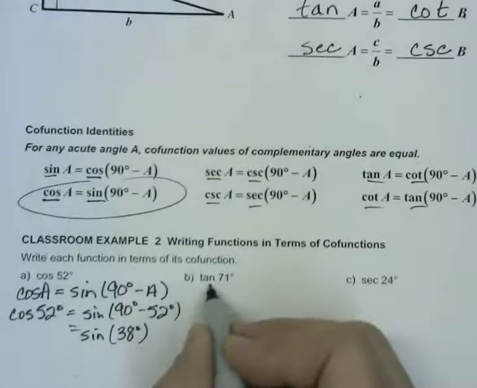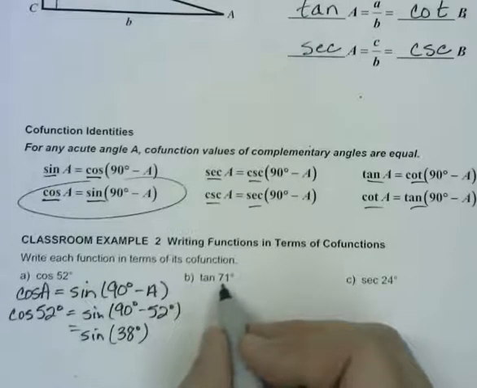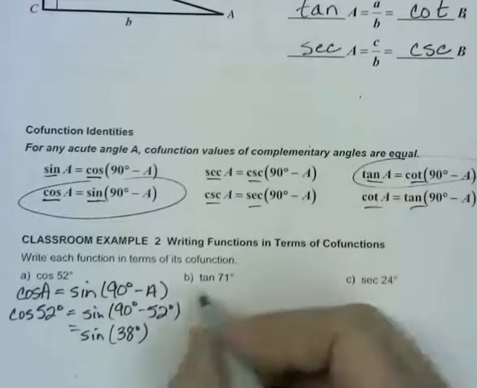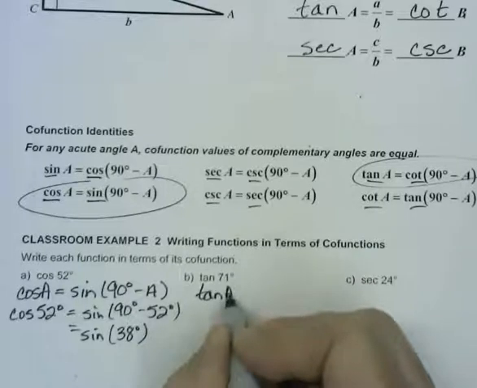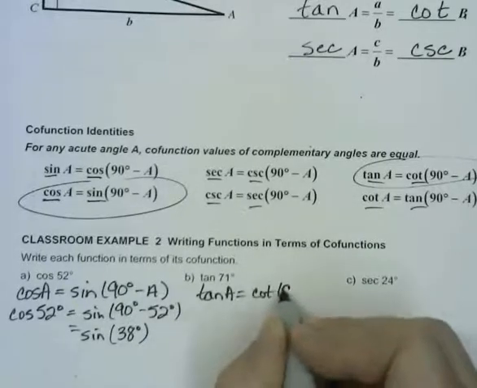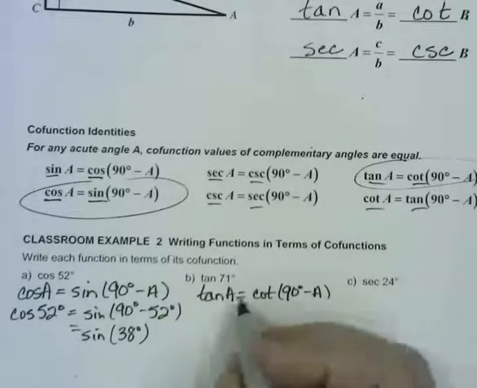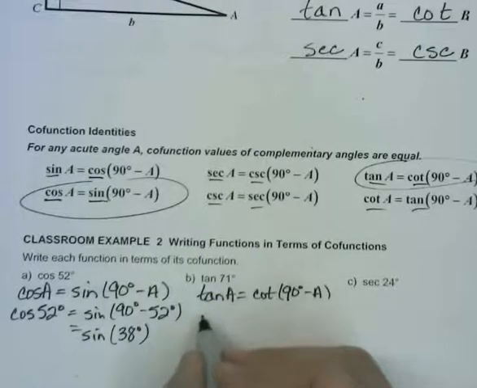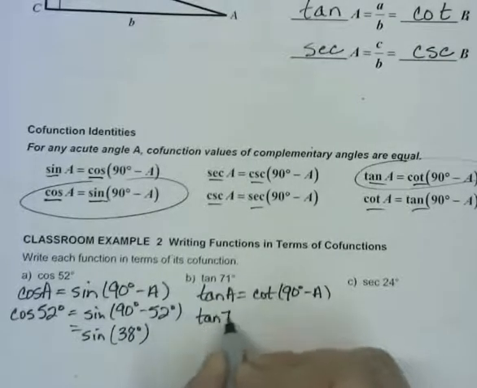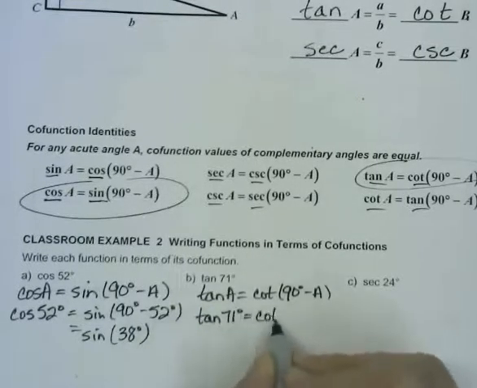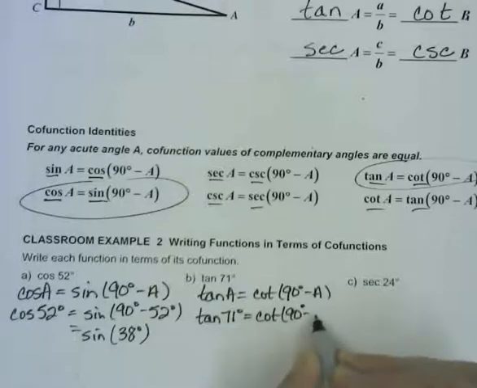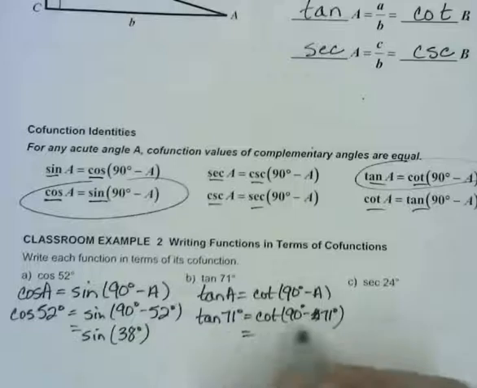I can do the same thing here. First, I'm going to pick out the identity that has tangent of A on the left side, so that would be this one. Then I'm going to substitute in 71 degrees for angle A on both sides of this. Oops, 71 degrees. And if I go ahead and subtract that, that's going to give me cotangent of 19 degrees.